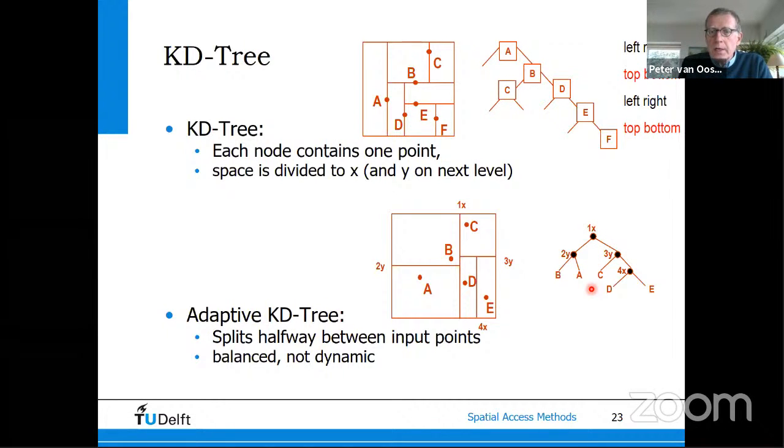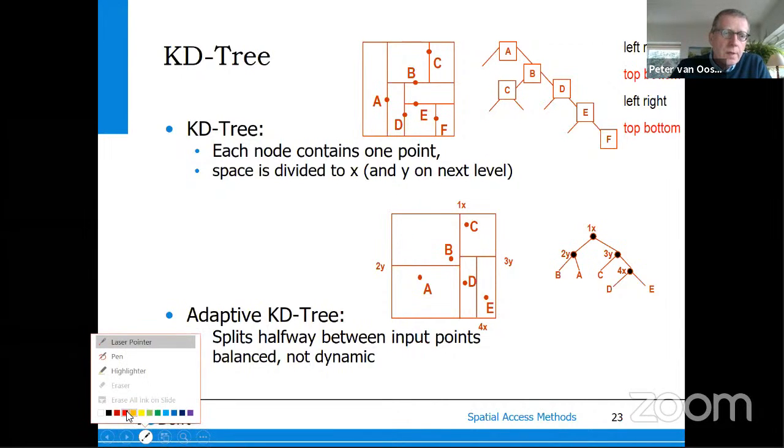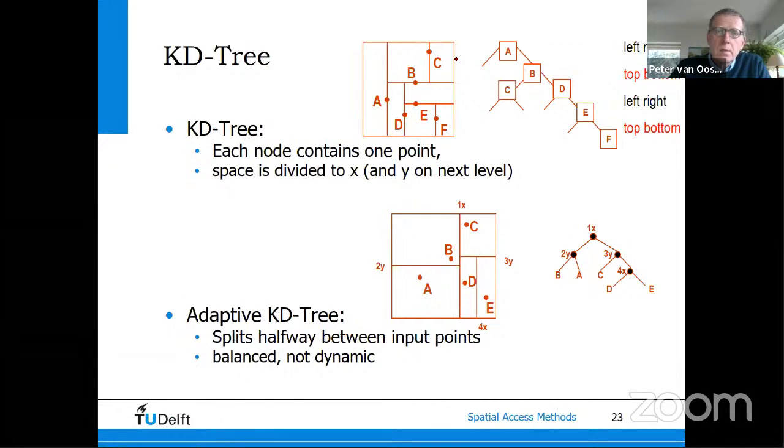However, it is not really dynamic. If I keep on inserting more and more points in a certain part of the space, if I would insert points here and more points here and more points here and more points here, the balancedness would be gone.